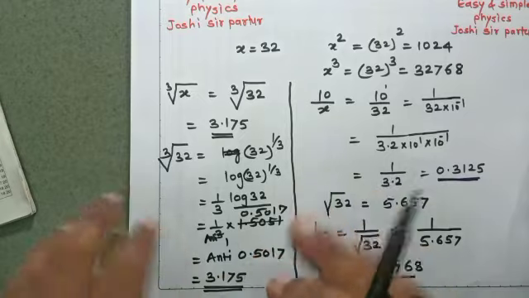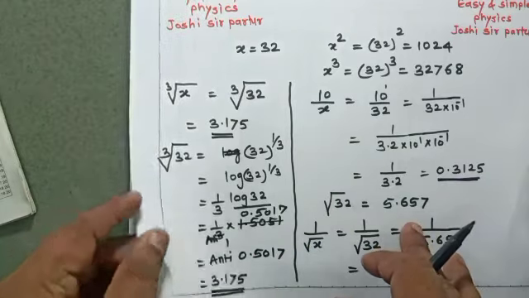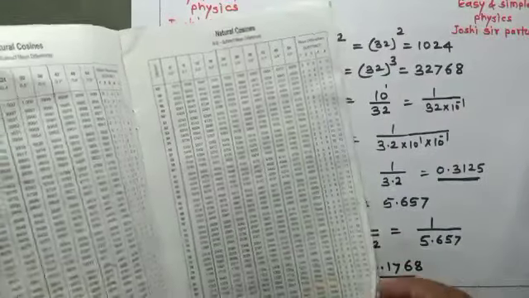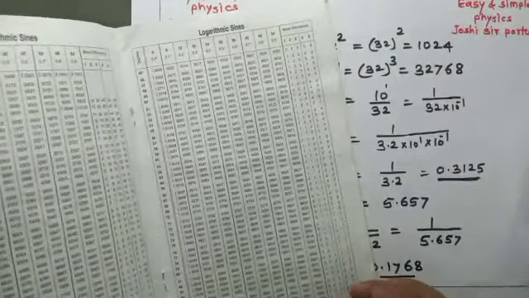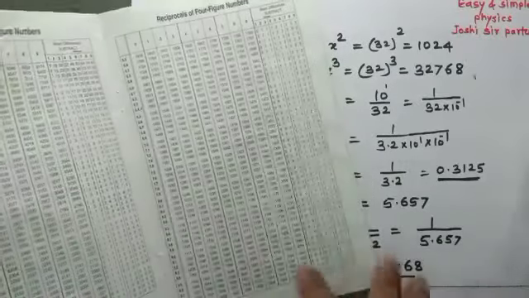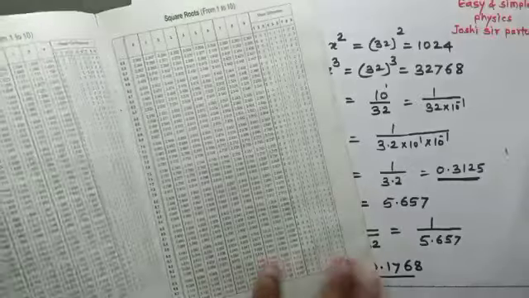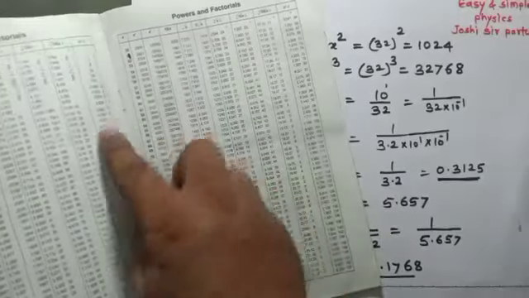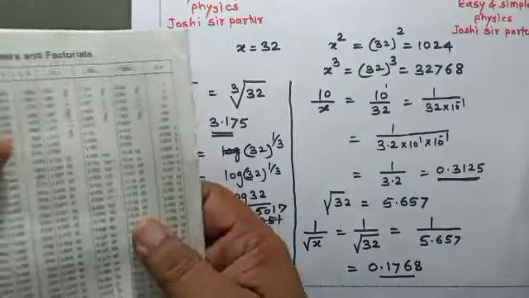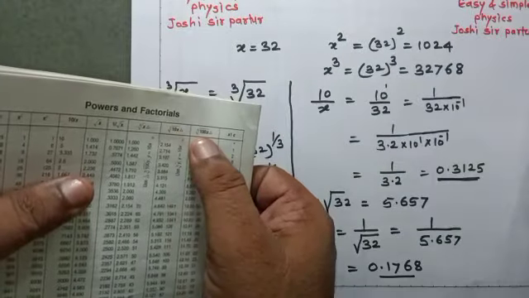So here we can see another facility for finding the cube root of 10x. Suppose, see here, in power and factorial, there is cube root of 10x, and then cube root of 100x.